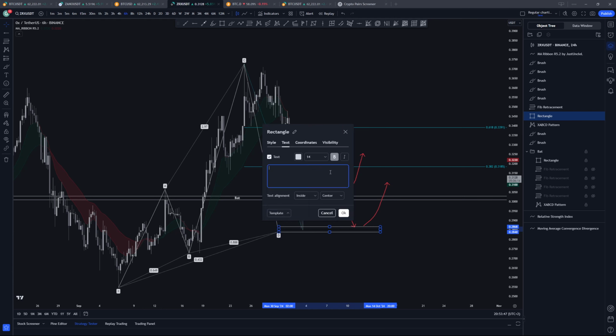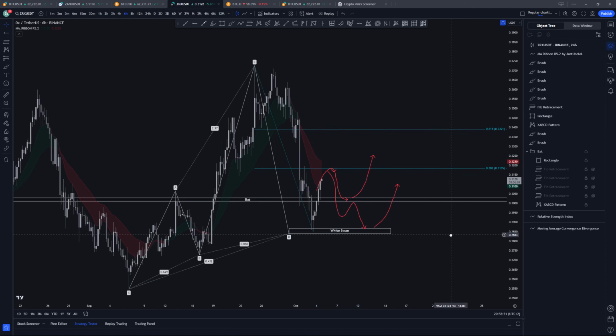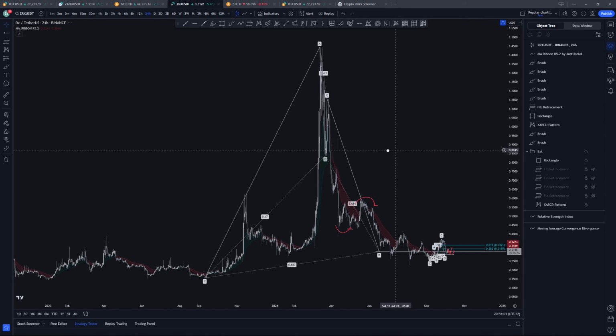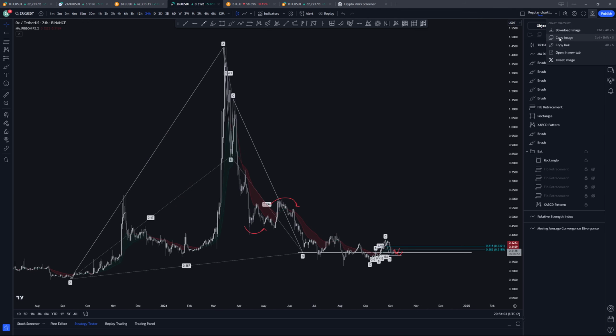Just like that. I can't really give you an entry on it because, again, it's a reaction play. So I can't give you an exact play. You're just gonna look for reactions on those boxes, and that's when you want to look for an entry.